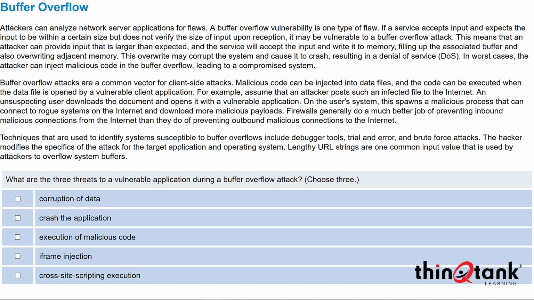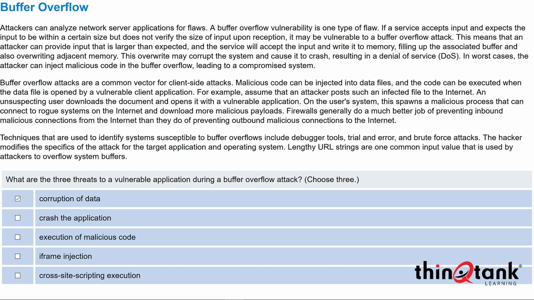So what are three threats to a vulnerable application during a buffer overflow attack? Certainly the corruption of data would absolutely apply in this case, right? Overriding actual real information that might exist outside of the allocated memory for a particular application or the execution of particular application components.